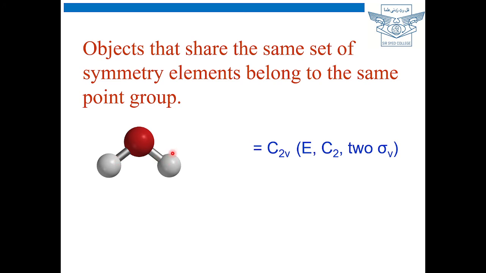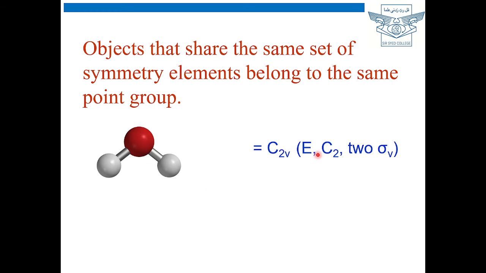The different symmetry elements for the water molecule are the identity element, the C2 axis, which is the principal axis, and two sigma vertical planes. One vertical plane contains these two hydrogens, another is exactly perpendicular to these two hydrogens. Like that, two vertical planes are there, sigma v.